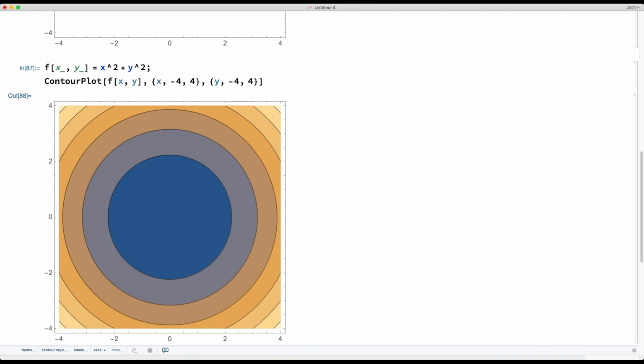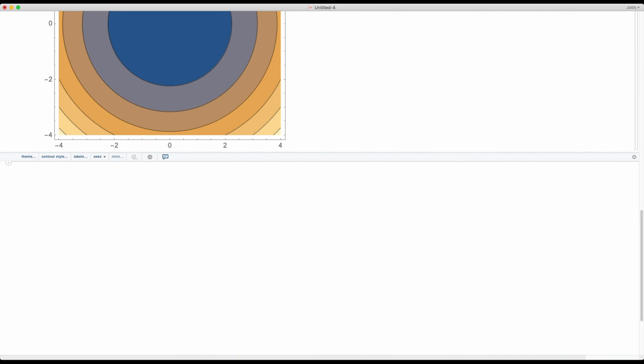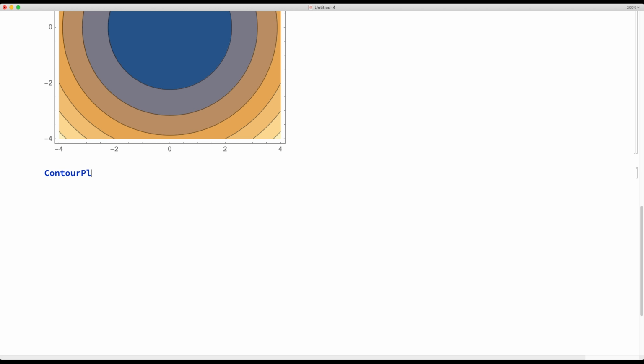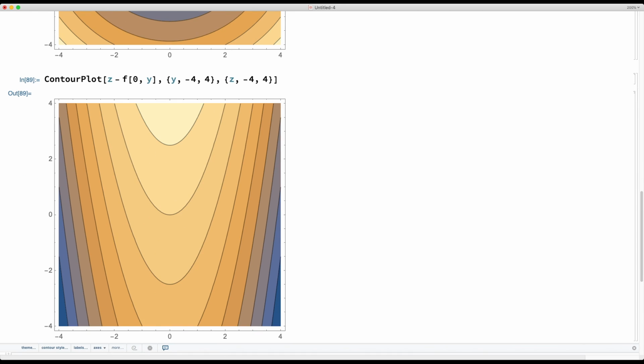okay, so what I'm going to have to do here is a little bit funky. Let me hold x constant at 0. Okay, what do I get in that direction?